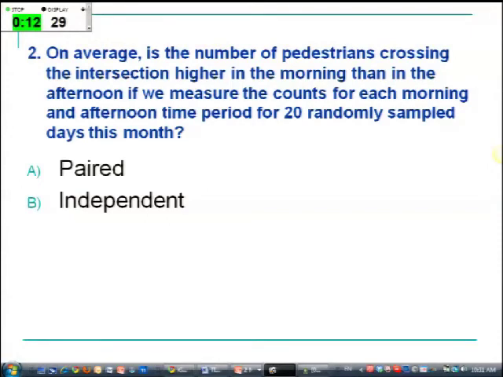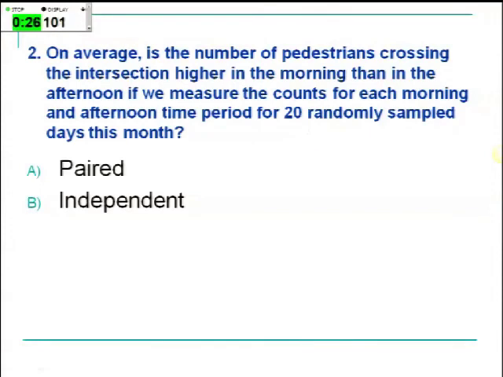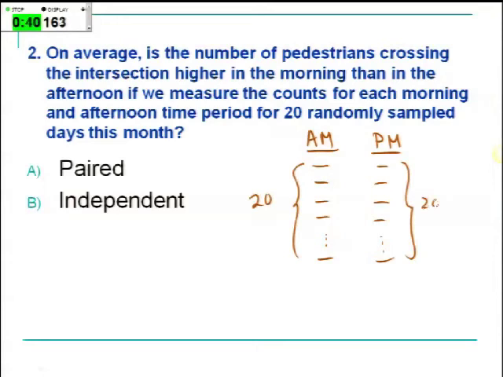We measure the counts, how many people cross, each morning and afternoon over a certain time period for 20 randomly selected days this coming month. That's what the data would look like.